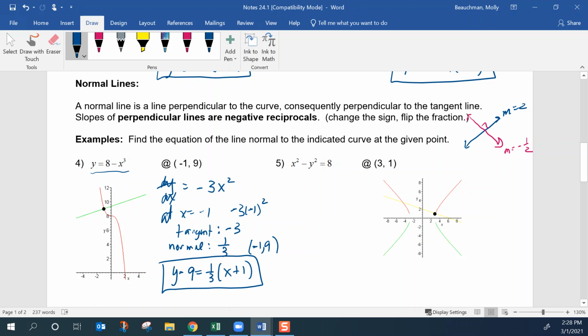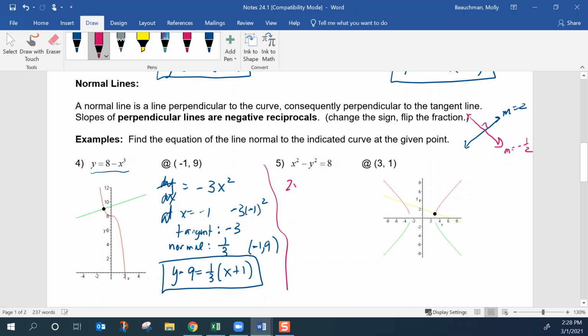All right, next example, we've got a hyperbola, and we have a coordinate (3, 1), and we want to find the equation of the normal line. It's hard to see, but it's in yellow. Find the first derivative, then substitute 3 to get the slope of the tangent line.